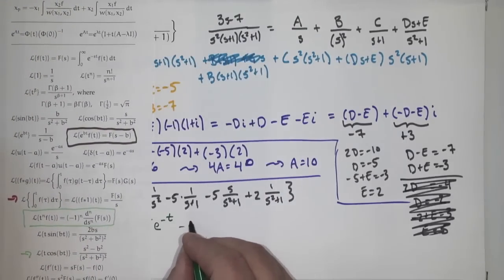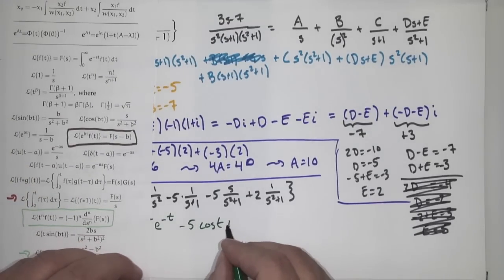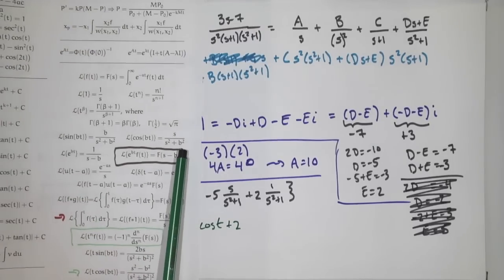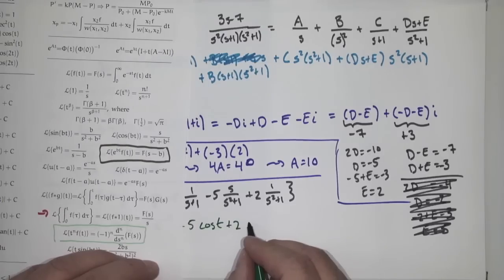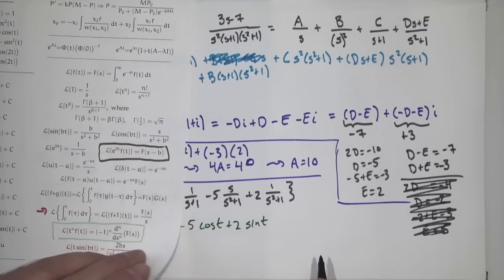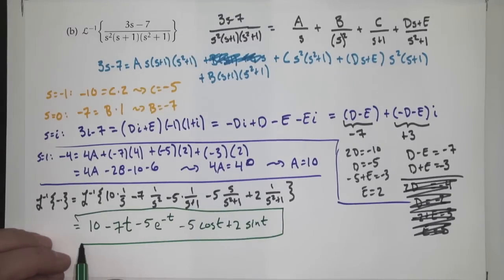So minus 5 cosine t. And then plus 2. The 1 over s squared plus 1 is our sine with b equals 1. So plus 2 sine t. And there we go. Whew. Done. All right.